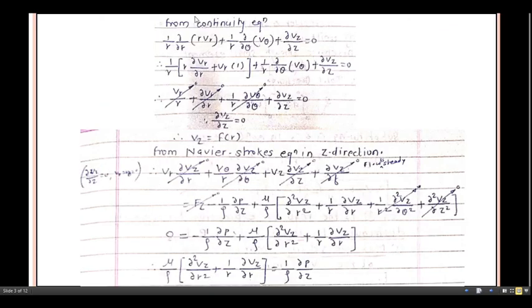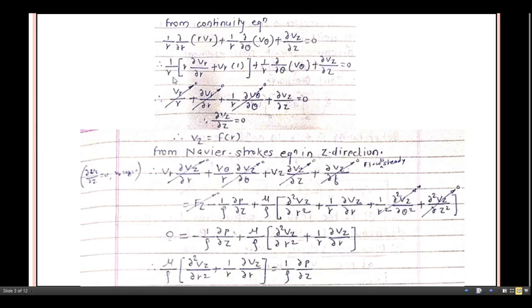So from the continuity equation, if you consider the case of the polar coordinate system, then we can write this relation in this way: 1 upon r into dabba by dabba r into r Vr plus 1 upon r into dabba by dabba theta into V theta plus dabba by dabba z Vz equals 0.